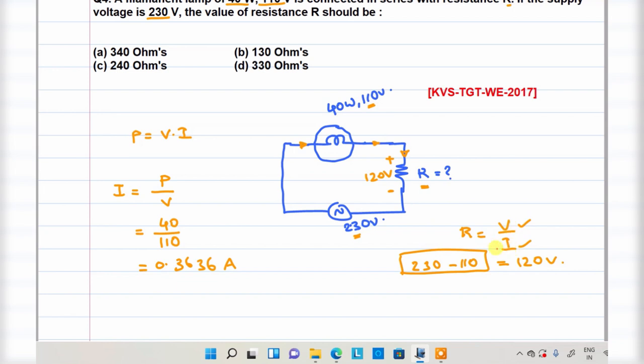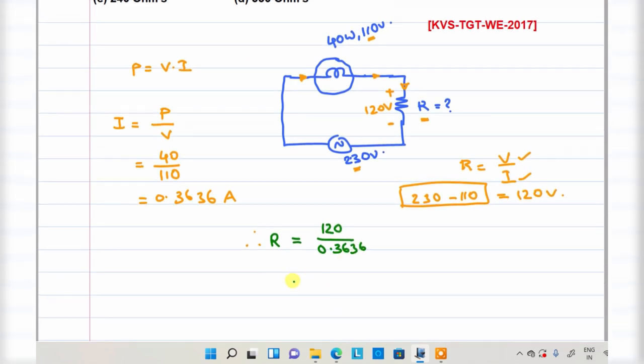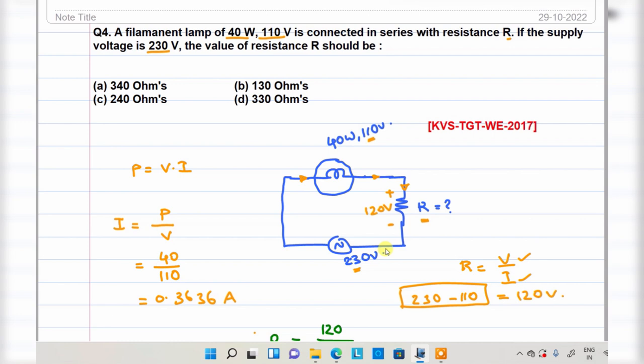Once you got the voltage and the current, finally resistance is equal to V, that is 120, divided by 0.3636, which is equivalent to 330.03 ohms. So verify the answers. Where is 330? Option D is the correct option. Is it okay for you? This is the way you need to find the solution.